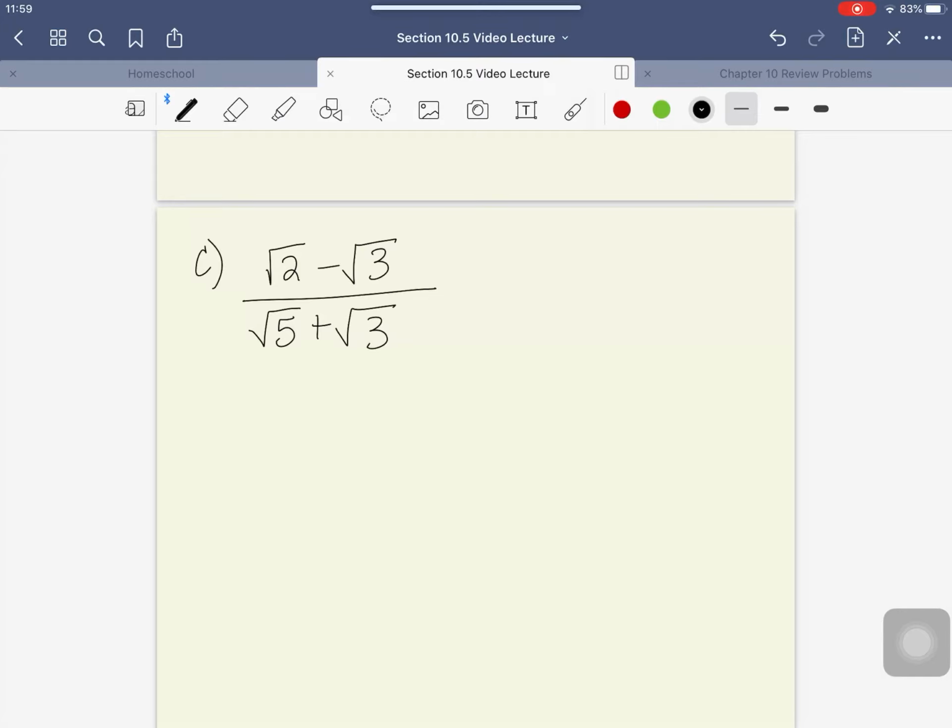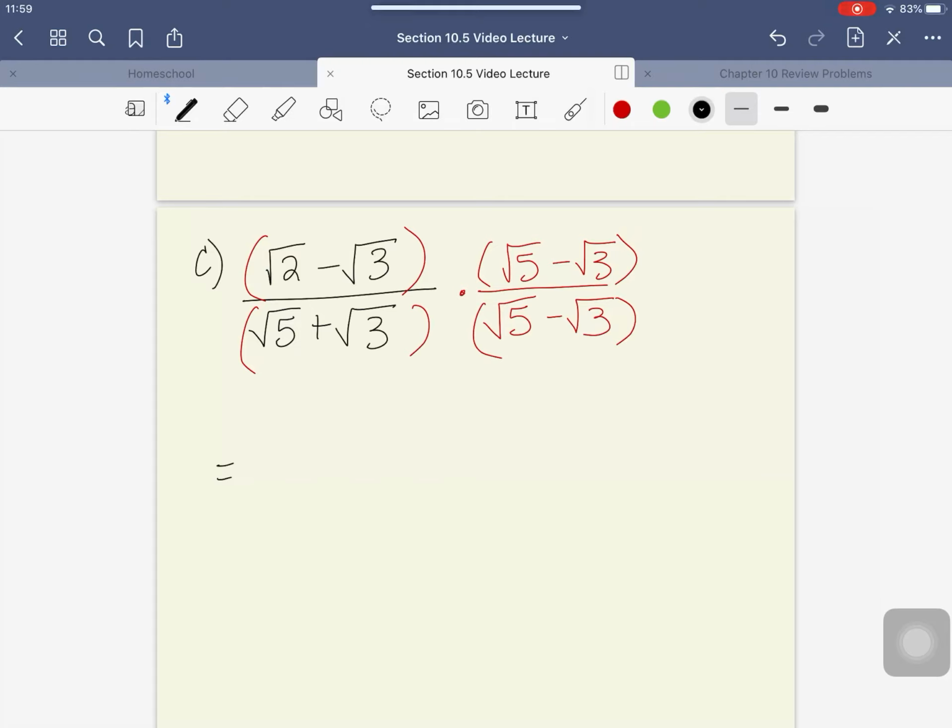All right, this time we have a binomial in the numerator and the denominator, but we're going to do it the same way. So we're trying to rationalize that denominator. So I'm going to multiply by the square root of 5 minus the square root of 3. And I'll do that in both the denominator and the numerator. And then I'll just FOIL in both the numerator and the denominator.